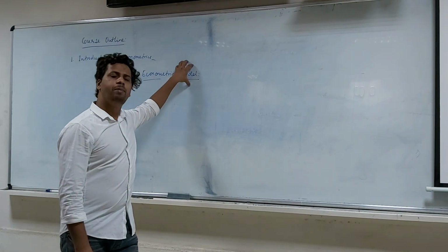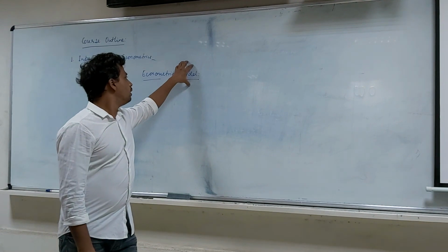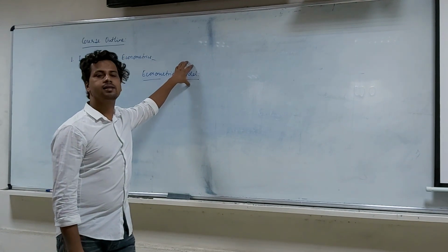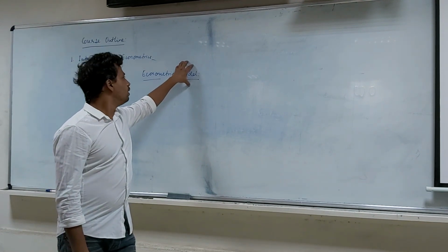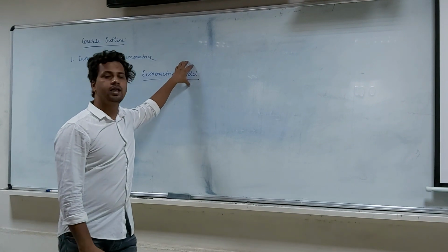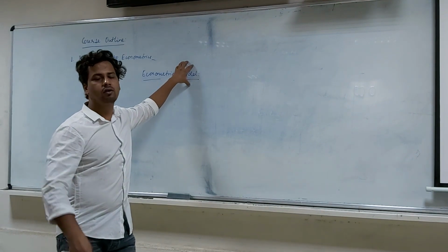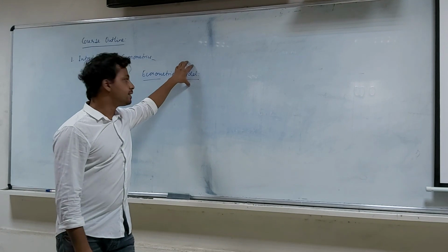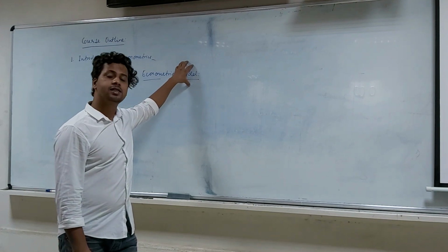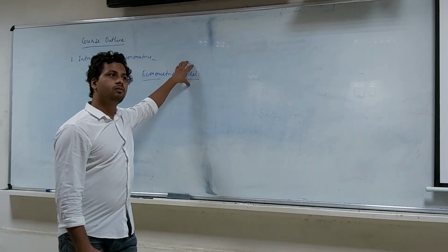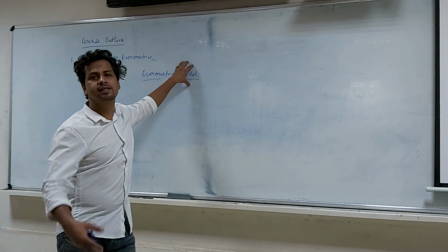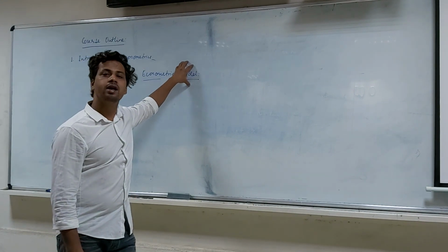Now, when you build a model, the model rests on certain assumptions. The model cannot include all the variables that you think should be included, first thing. Second thing, the assumptions must be realistic in nature. It should not be unrealistic in nature.